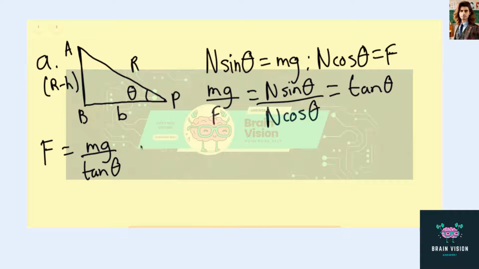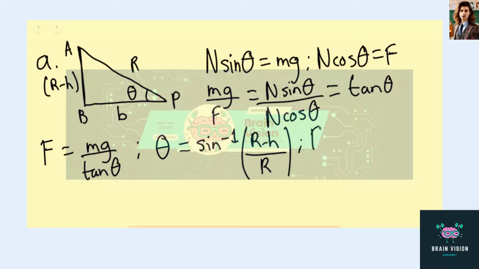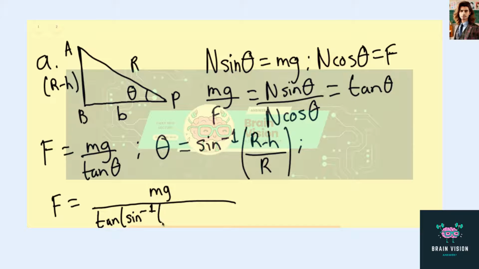At this point, we can say that theta is going to be equal to arcsine of (R minus H) divided by R, and we can say that F is going to be equal to mg divided by tangent of arcsine of (R minus H) divided by R, close parentheses once more.